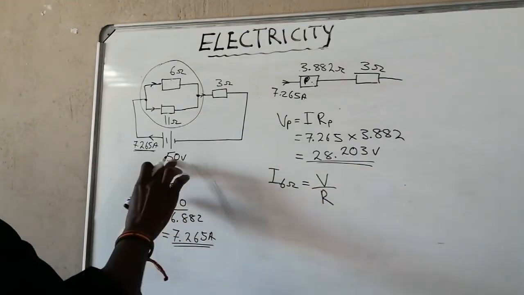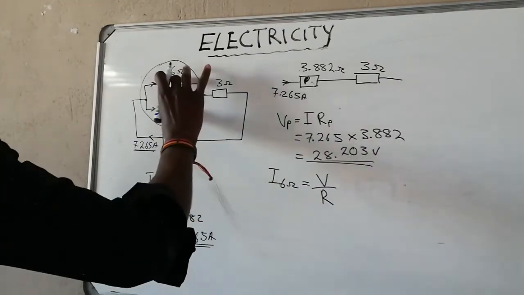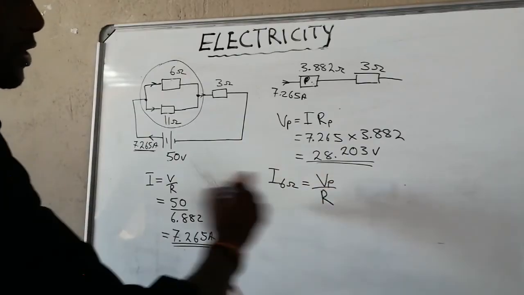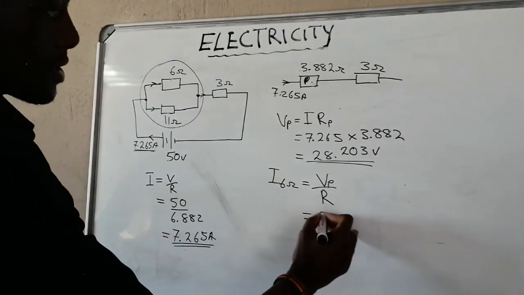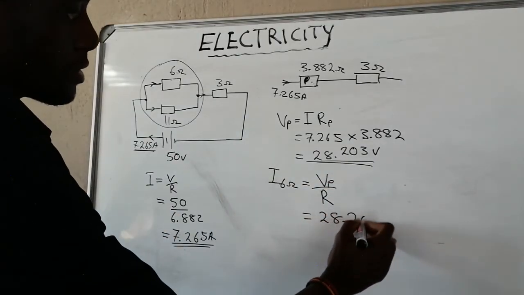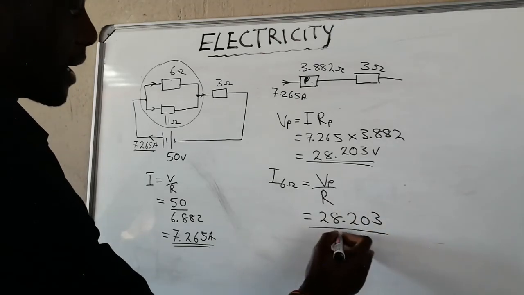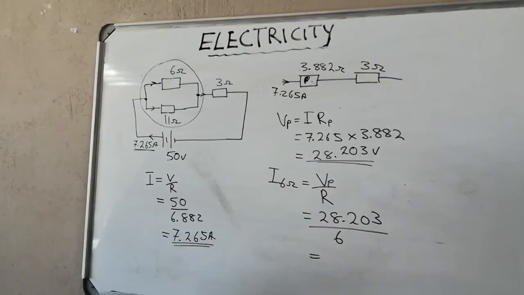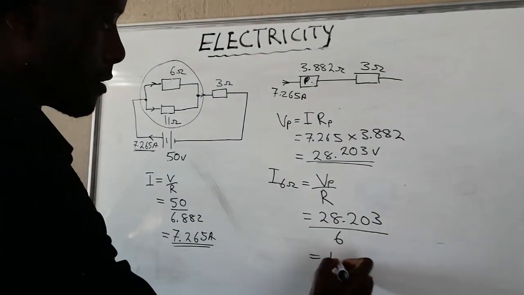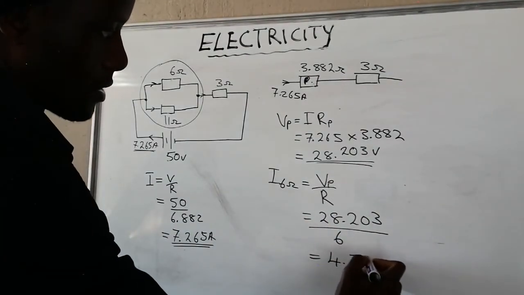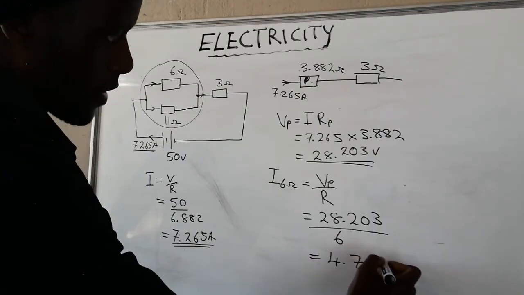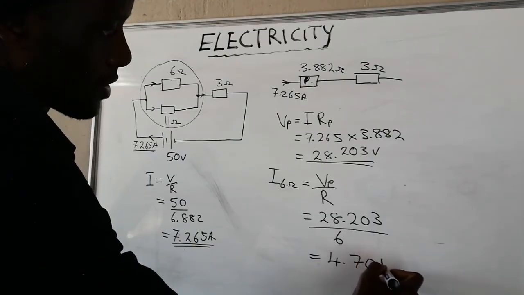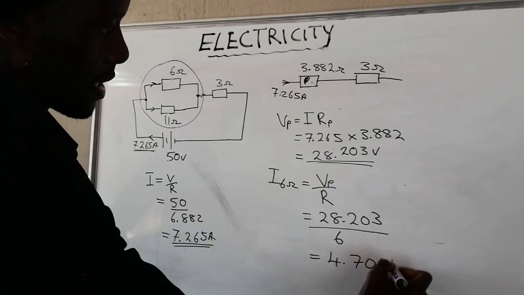Now this voltage, not the 50, will be this voltage across the parallel, or the parallel voltage if you want. We'll say 28.203 divided by our 6 ohm resistor, which is this, gives us 4.7005. We round off that. This is a current, amps.